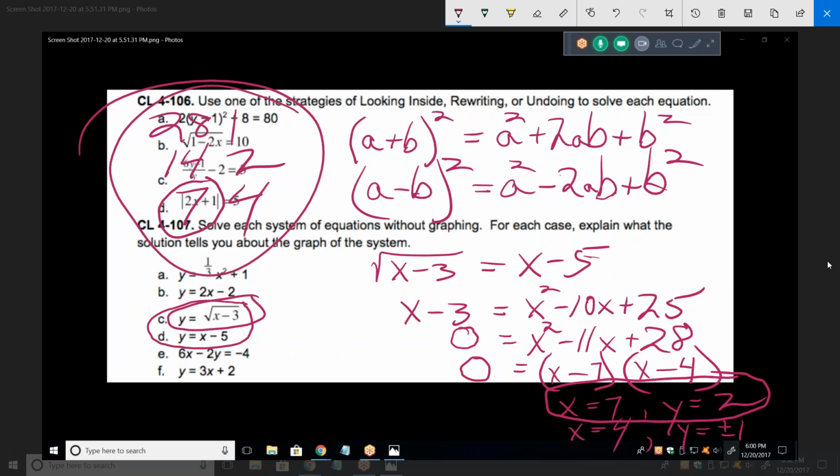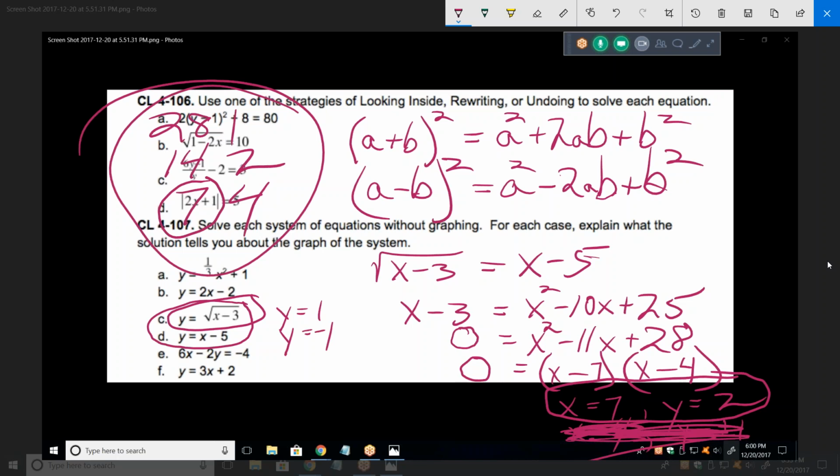So x equals 7, y equals 2 is valid. X equals 4 is not valid at all. Notice that when I plug in 4, I get a y here of 1, and I get a y here of minus 1. Since they're not the same, then x can't be equal to 4. And you only have one solution.